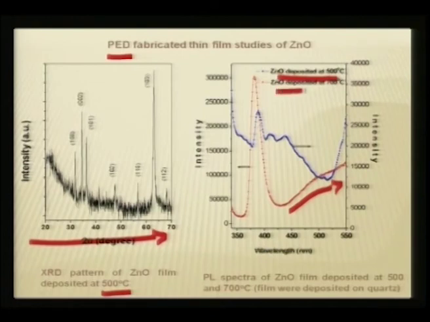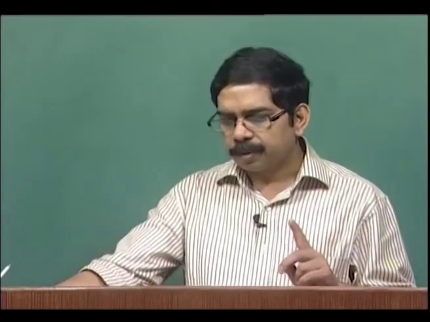If you go to the 700 degrees C deposited one, you can clearly see that this emission peak is totally killed. Therefore the physical vapor deposition technique also has a controlling feature. It does not really promote only the band to band edge emission, but there is a destroying feature.